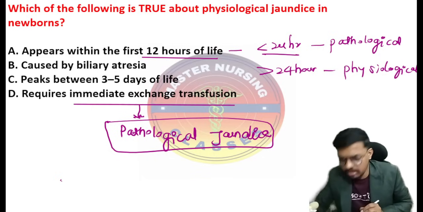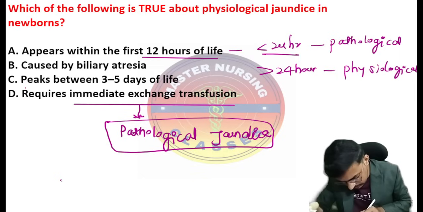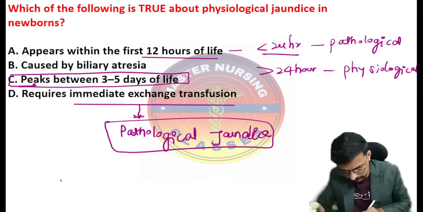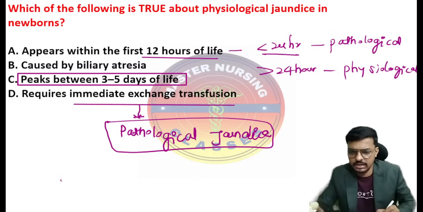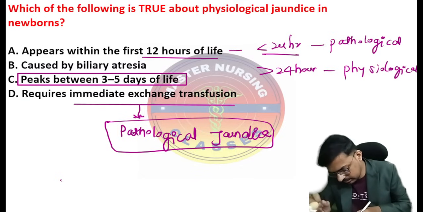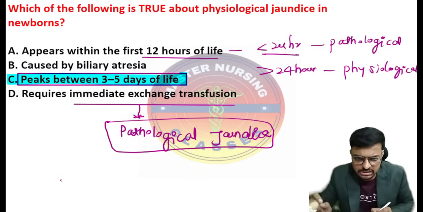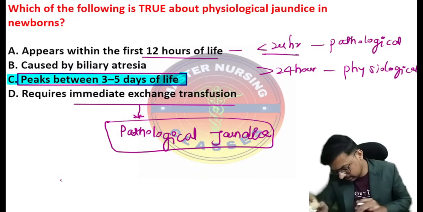Very importantly, physiological jaundice will peak between 3 to 5 days of life. But at which level will pathological jaundice peak? It depends on term or preterm.